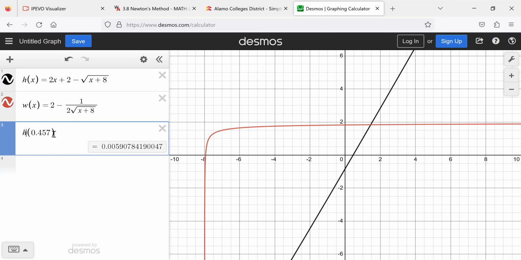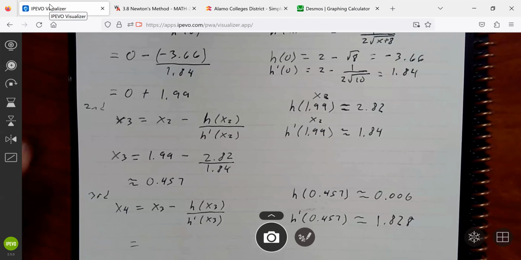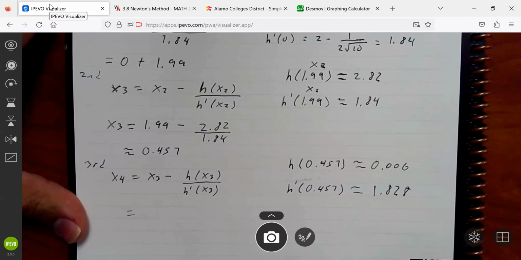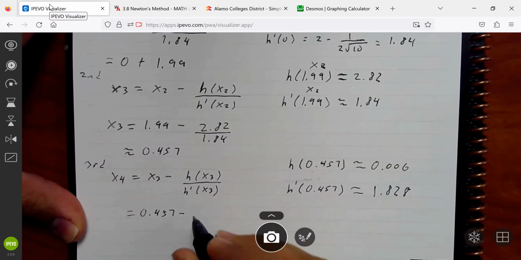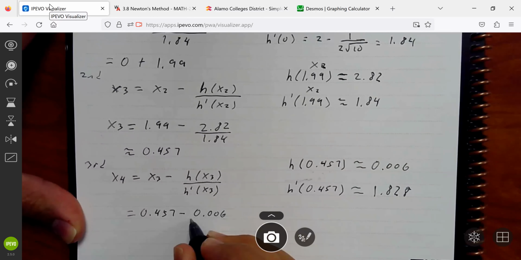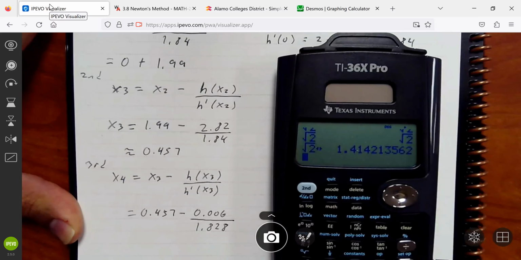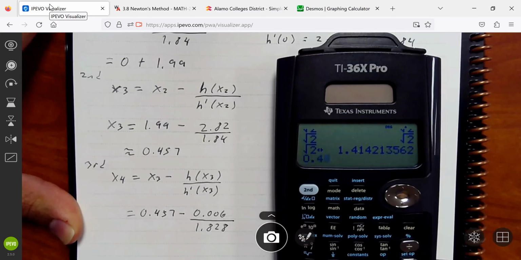So then we have 0.457 minus 0.006 over 1.828. So now it's pretty close, right? It's not changing much.